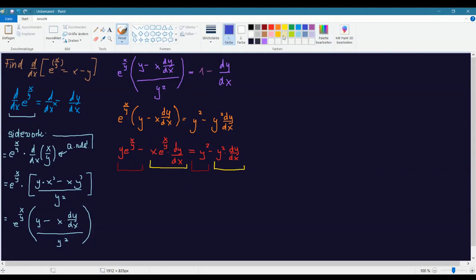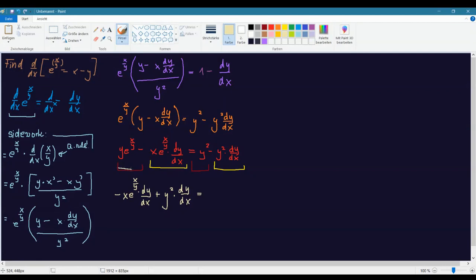So I'm going to choose another color and I'm going to write negative x e to the x over y times dy over dx. So that's this right here. And then I'm going to add y squared times dy over dx to both sides, and I'm going to end up with plus y squared times dy over dx equals, and now I'm going to subtract y times e to the x over y, this right here.